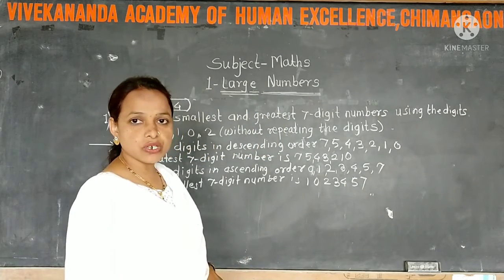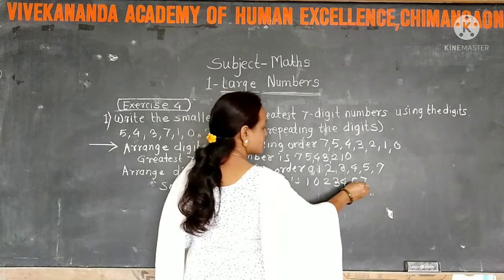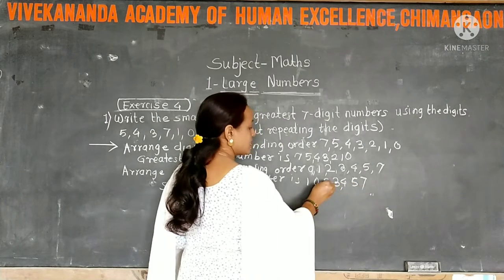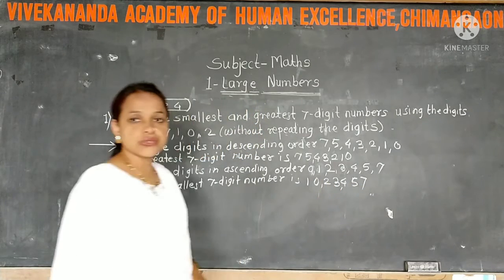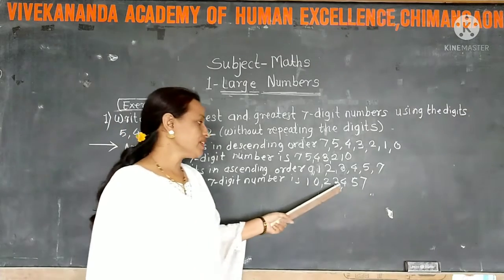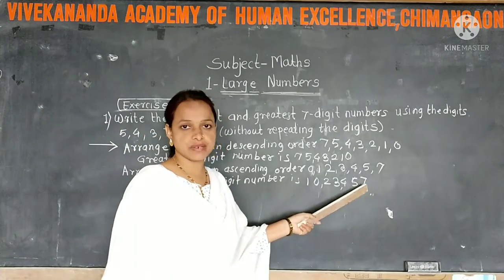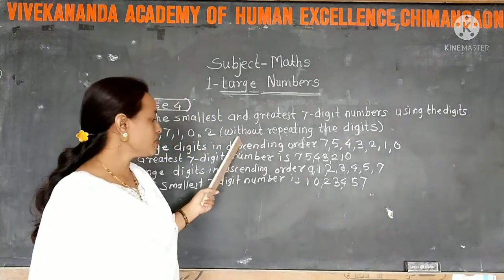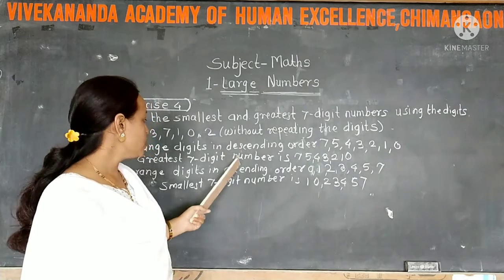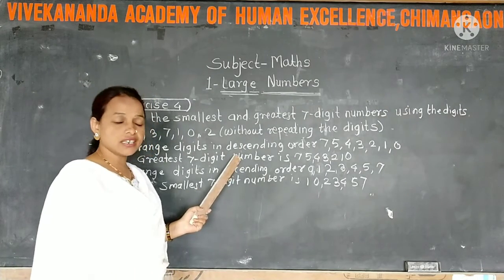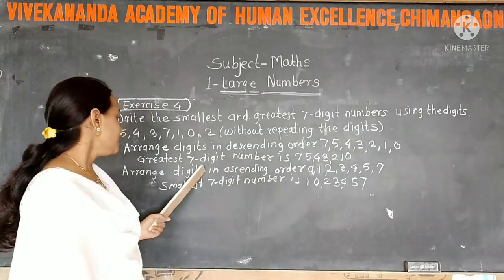Now we put the comma to separate the periods. We get ones, tens, hundred, thousand, 10,000, lakh, 10 lakh. So we get here the number 10,23,457.